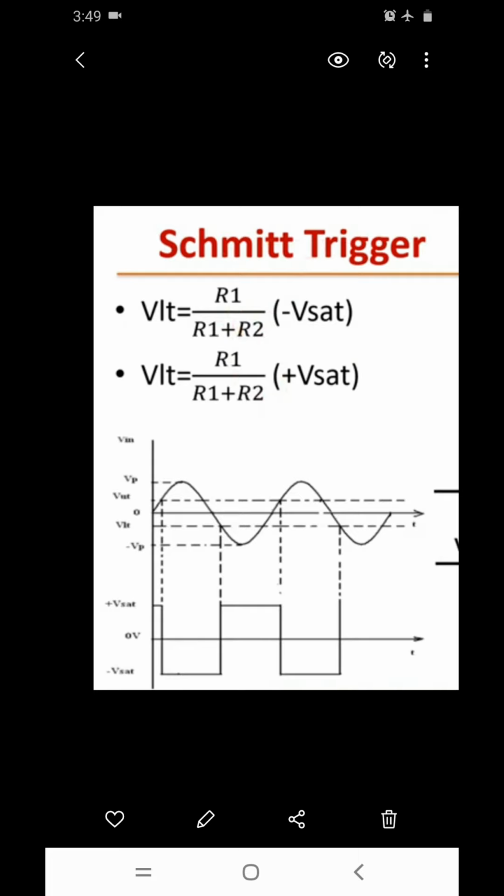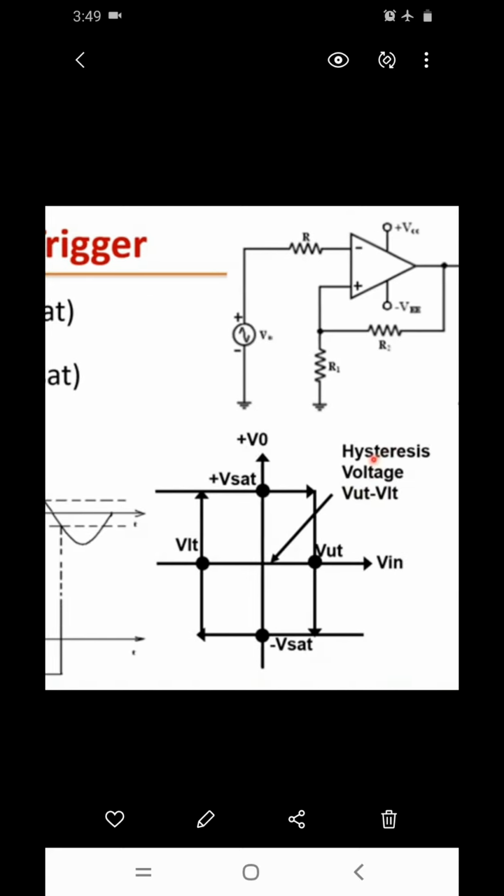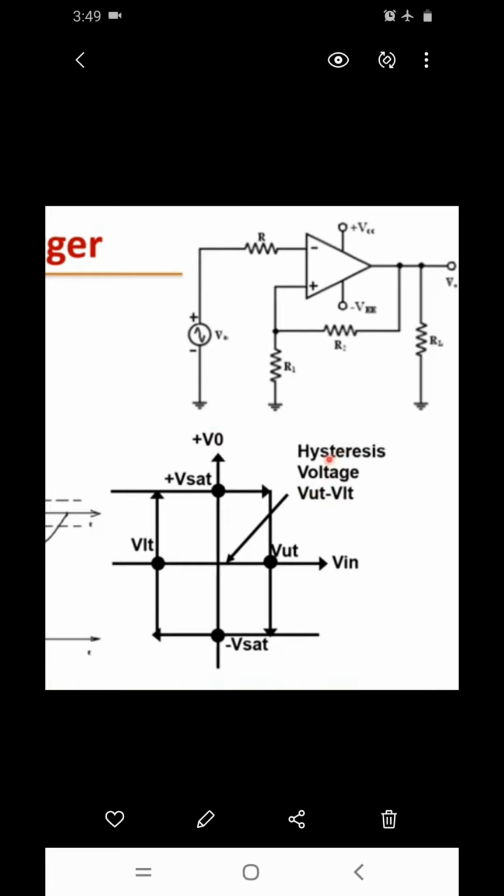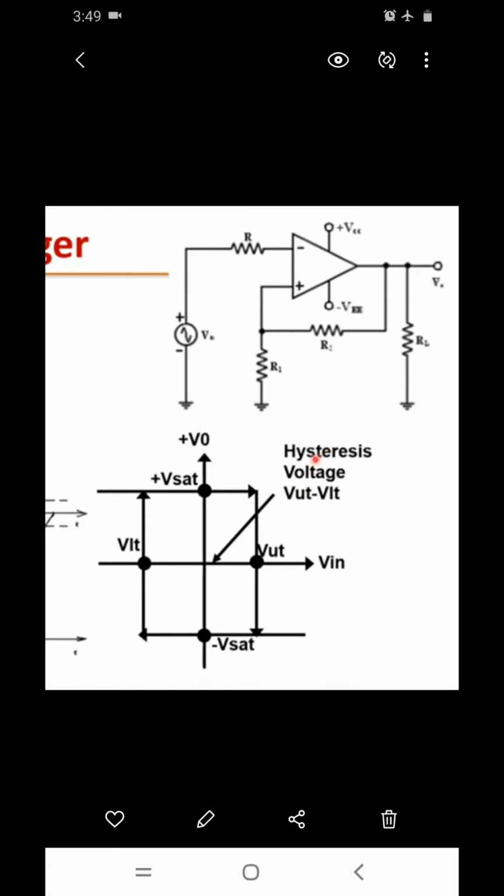Okay, so the comparator with positive feedback is said to exhibit hysteresis. So here is a hysteresis voltage. So what is hysteresis? Hysteresis is a dead band condition.